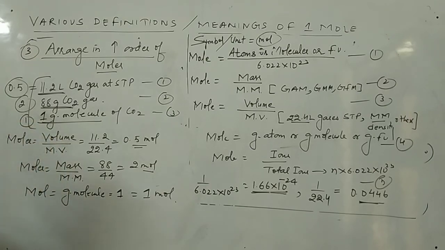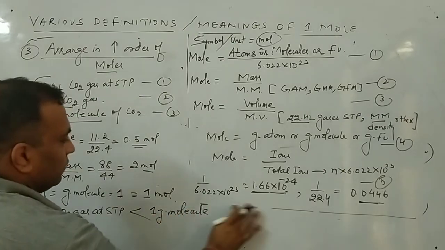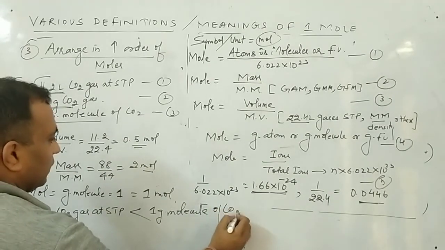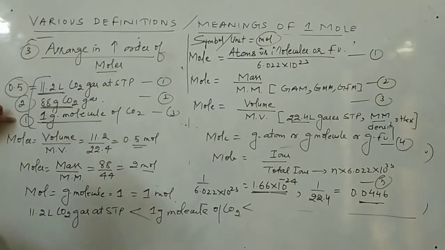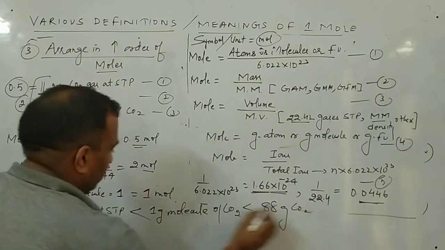Now how will I arrange in the increasing order? The lowest number is 0.5 mole, meaning 11.2 liter CO2 gas at STP, then 1 gram molecule of CO2, and in the last 88 gram of CO2.